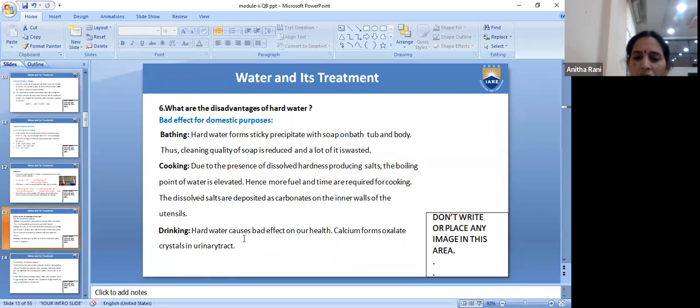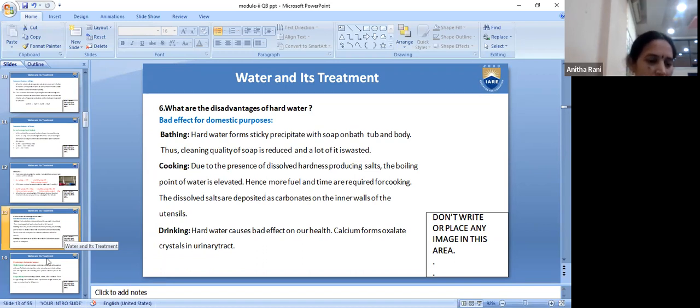Drinking hard water is also very dangerous, it affects our health. We get stones in the kidneys, or problems in the urinary tract, and we get throat infection. So we have to drink mineral water, we should not take hard water. Bathing also gives problems, we get a sticky precipitate.